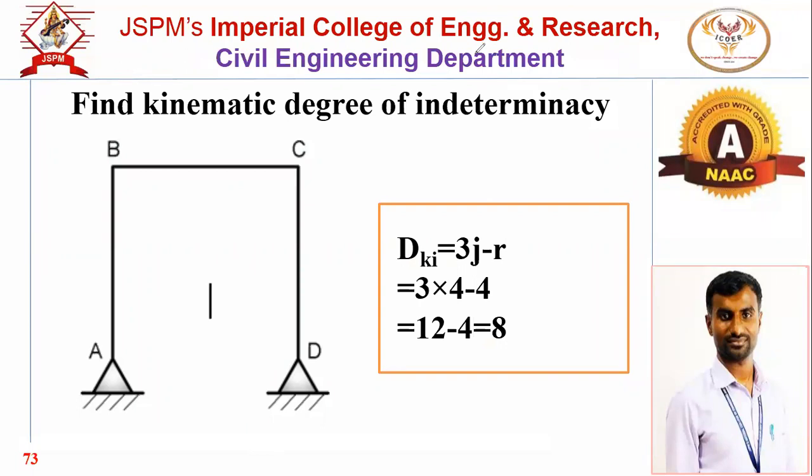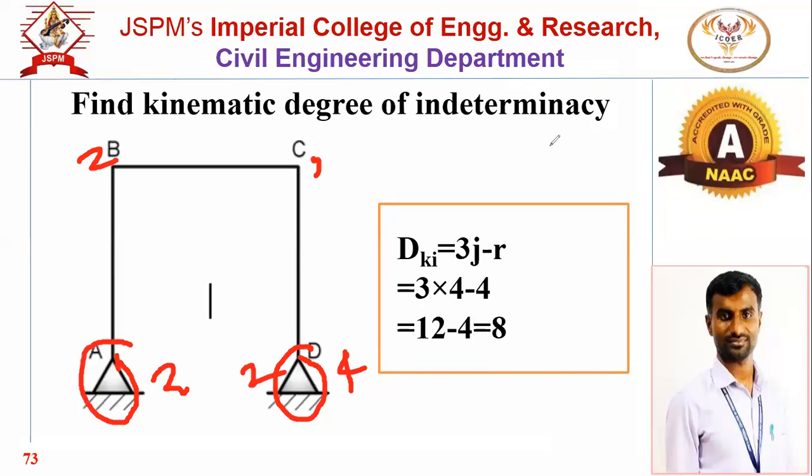Now, how many joints are there? There are 4 joints: 1, 2, 3, 4. So 3 into 4, 12, minus the number of reactions. This is a hinge support and this is also a hinge support. At a hinge support we have 2 reactions, so 2 plus 2, 4.